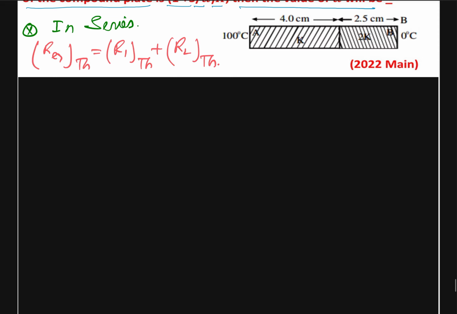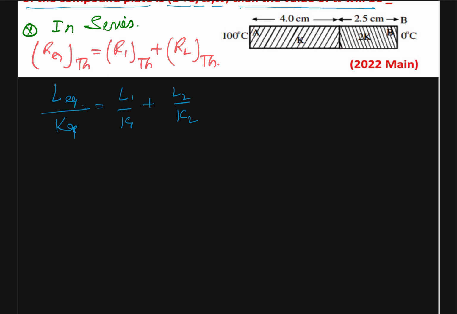Because cross sectional area will be same, we can write this as L equivalent divided by K equivalent is equal to L1 upon K1 plus L2 upon K2. Area of cross section is the same.